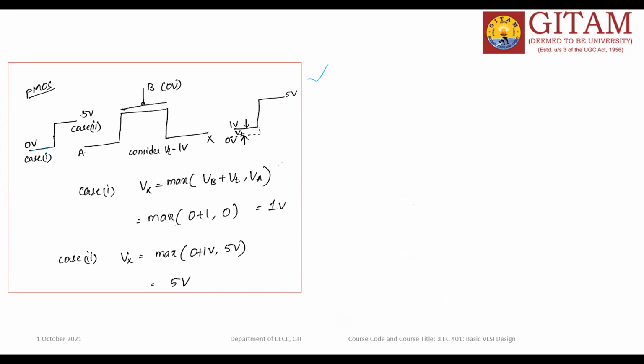Case 1 means 0 input. Case 2 means 5 volts input, meaning VDD, logic 0 and logic 1. Consider a PMOS threshold voltage of 1 volt. So what is the formula I have given for case 1? Case 1.